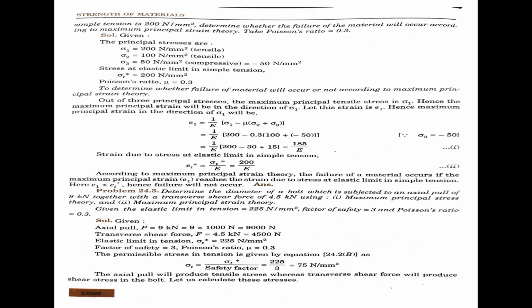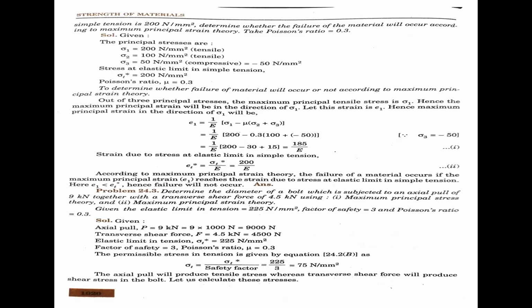Hence the maximum principal strain will be in the direction of sigma 1. Let this strain be small e1. Hence the maximum principal strain in the direction of sigma 1 will be e1 equal to 1 by capital E into sigma 1 minus mu into sigma 2 plus sigma 3.